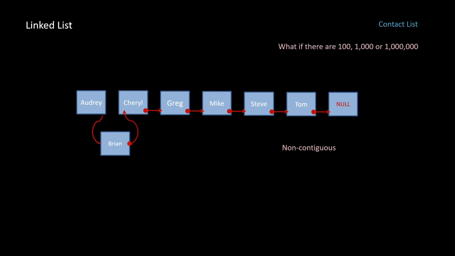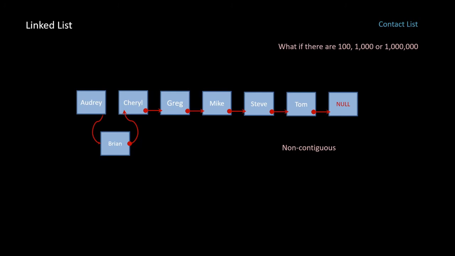And by doing this, I've now successfully inserted Brian into my linked list. So that's pretty impressive in terms of computation when it comes to adding, let's say, 1,000,000 different contacts to a list. That's much easier to do than programmatically trying to shift everything up and down inside an array.